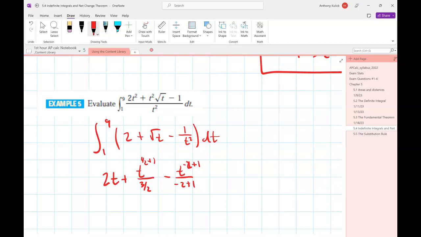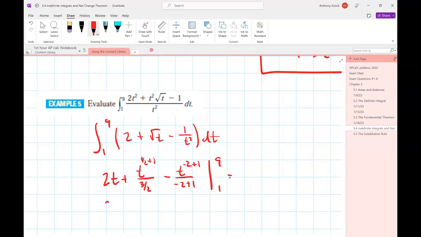Because that's the natural log. All the rest of them are just using that power rule in reverse, right? So don't get tied up to natural log every time you see a 1 over. And then we'll evaluate that from 1 to 9.